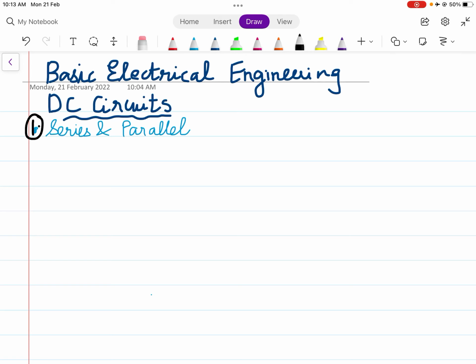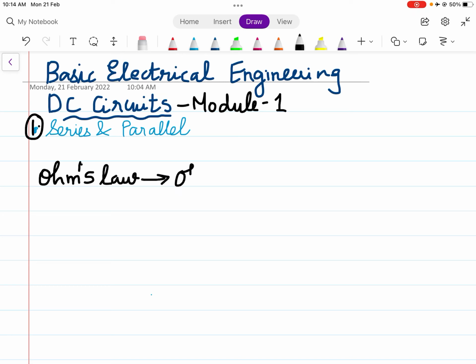So first let's understand. This is module number 1. What is Ohm's law?